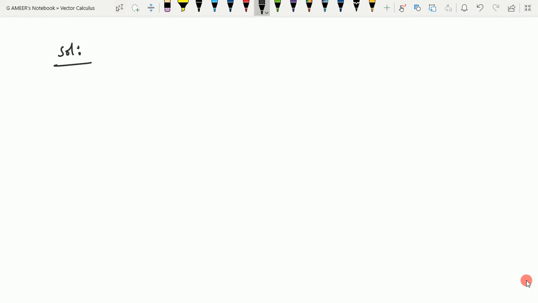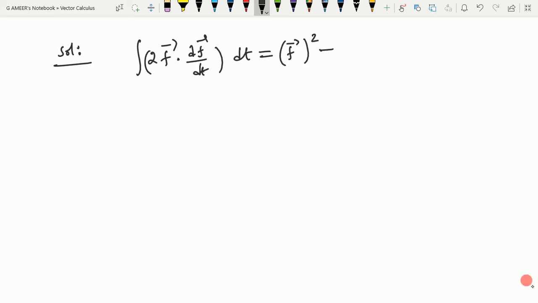So using that standard relation, integration of 2 times f dot df by dt with respect to dt will be equal to f square plus integration constant.